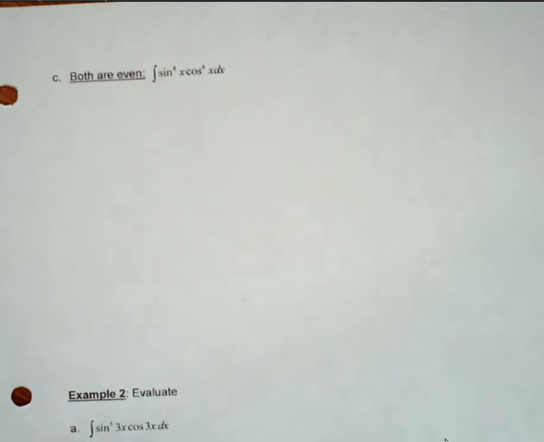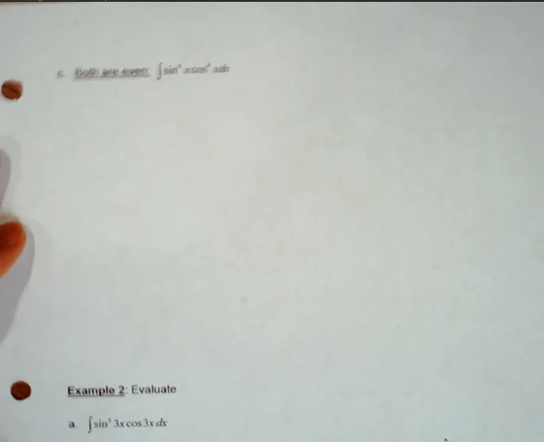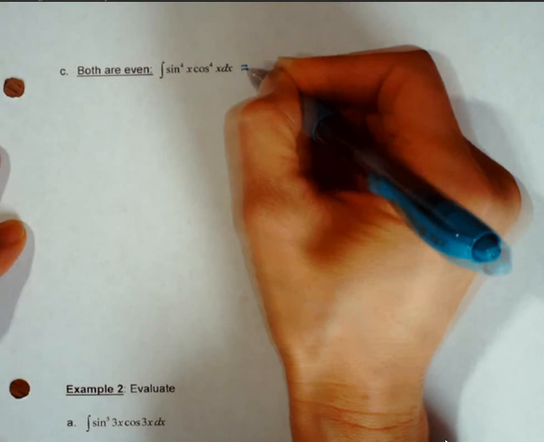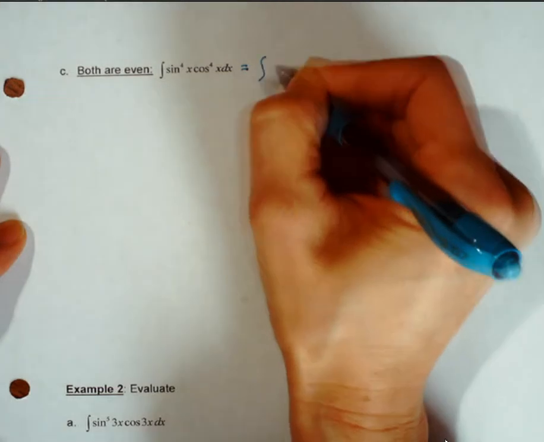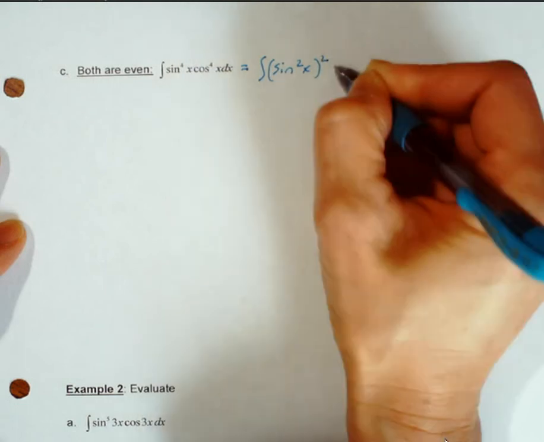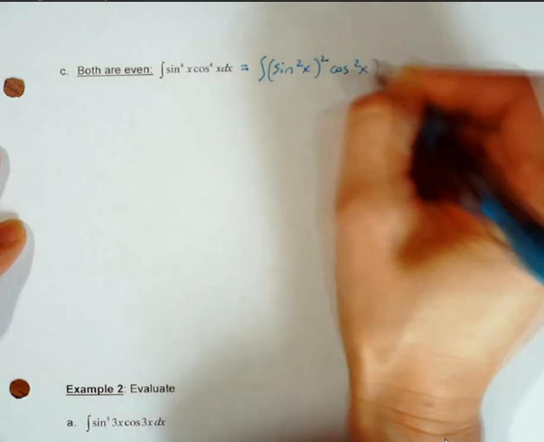For problem letter C, I have sine to the fourth x times cosine to the fourth x. First, I'm going to rewrite it as the integral of sine squared x, squared, times cosine squared x, squared, dx.